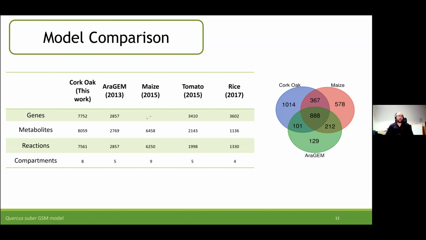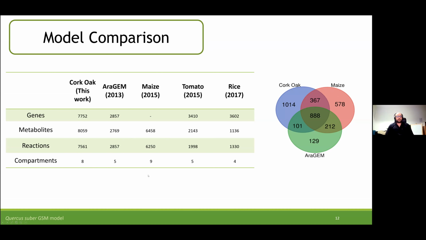So finally, our global model, the whole genome model, is composed of 7,000 genes, over 8,000 metabolites, and 7,500 reactions, and it is comprised of 8 compartments. We have here a small sample of some of the metabolic models available for other plants. So we have the Arabidopsis model with 5 compartments and less than 3,000 reactions.